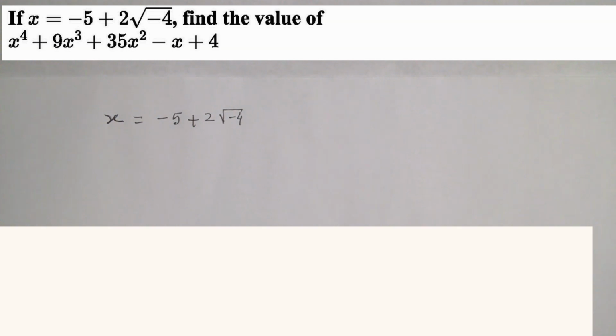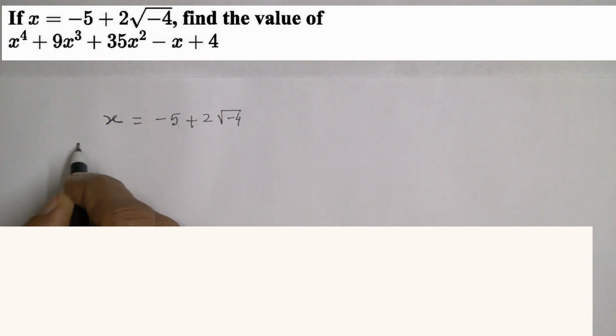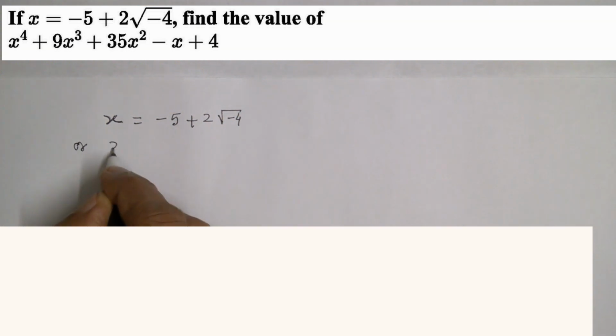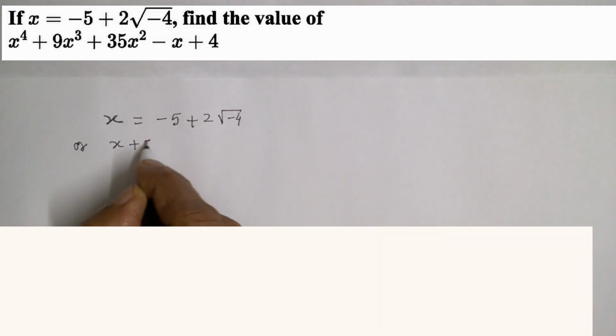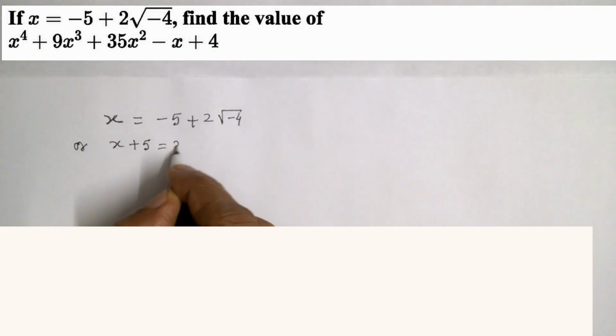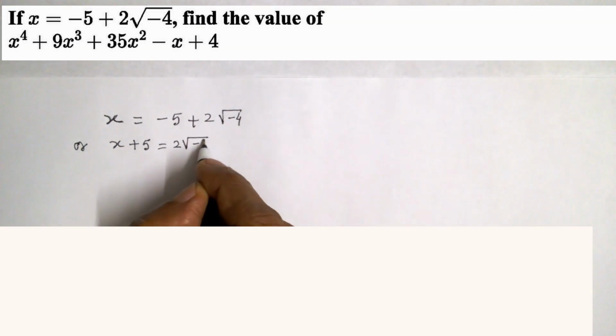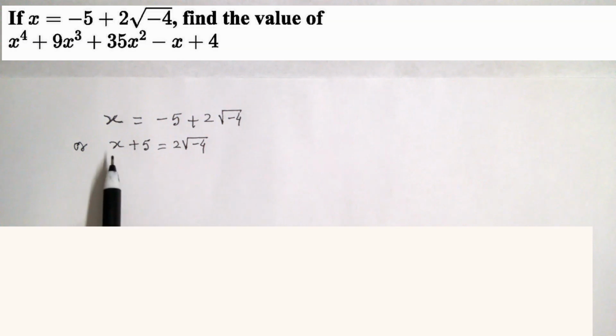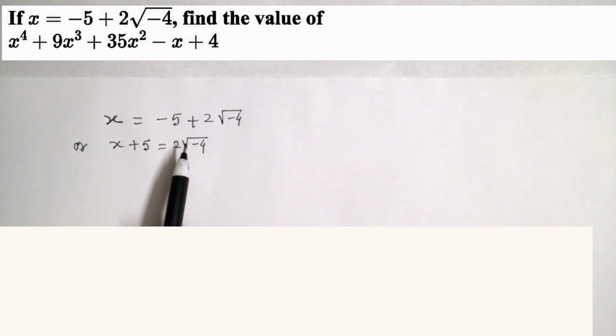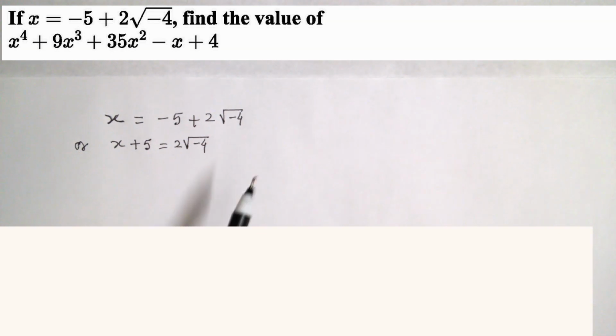So first we remove this root over sign and solve this question. To do so, we express this as x plus 5 equal to 2 root over minus 4. Now if we square both sides, then automatically the root over symbol will be removed.